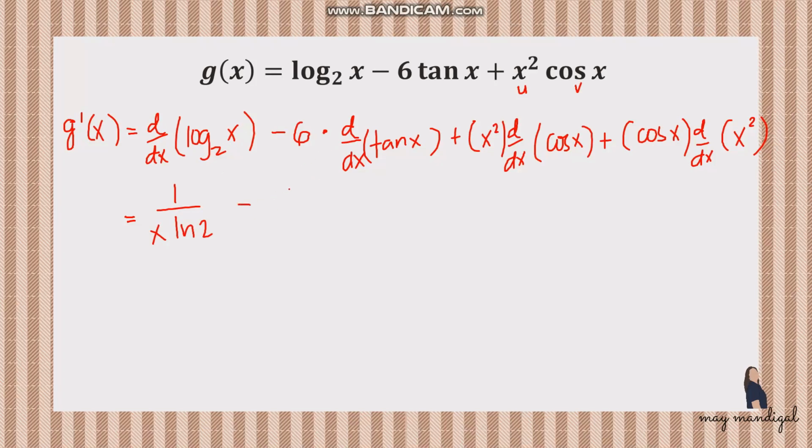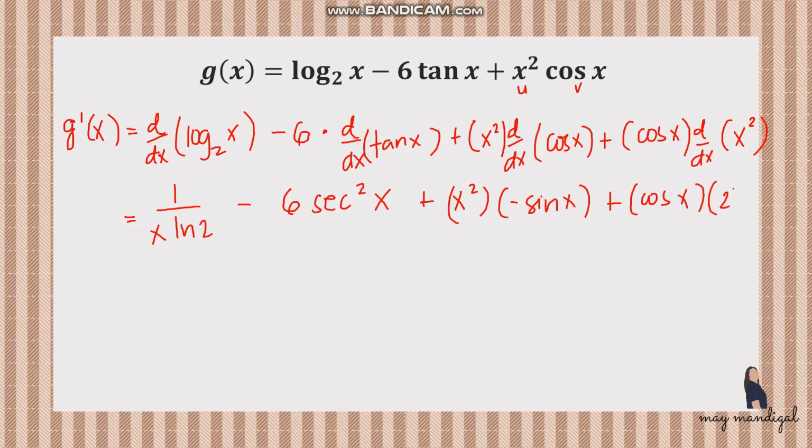Minus, and then 6 times the tangent x, its derivative is secant squared x. And then we have plus x squared, then cosine of x is negative sine of x, that's the derivative, plus then we have cosine of x, x squared, its derivative is 2x using the power rule.